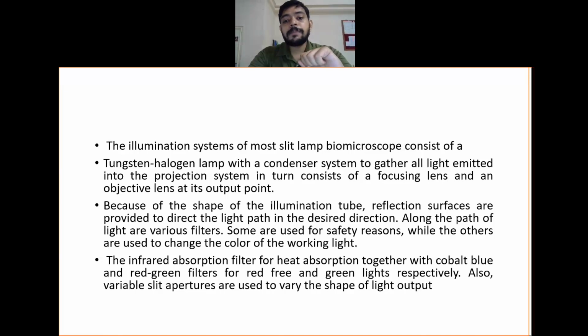Because of the shape of the illumination tube, reflection surfaces are provided to direct the light path in a desired direction. So in that whole system, we'll be projecting the light in a unidirectional manner, and the light will be passing through different apertures and filters. With the help of those apertures and filters, we'll be able to determine the shape as well as the brightness of the light, even the color too.